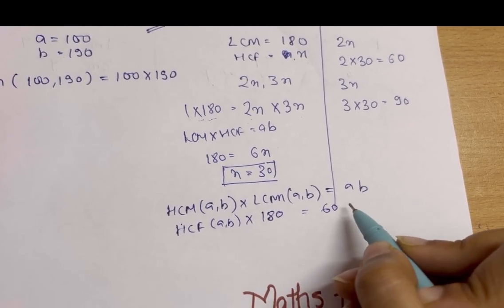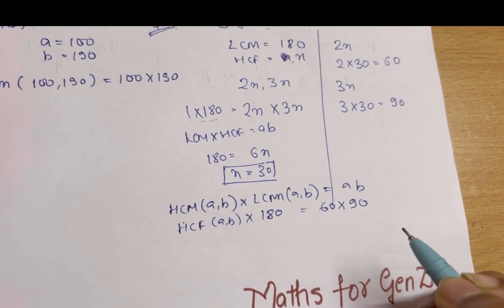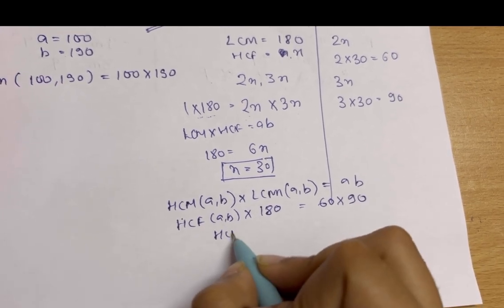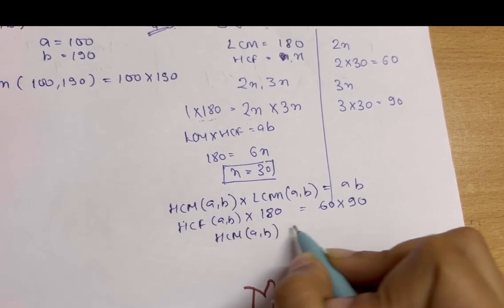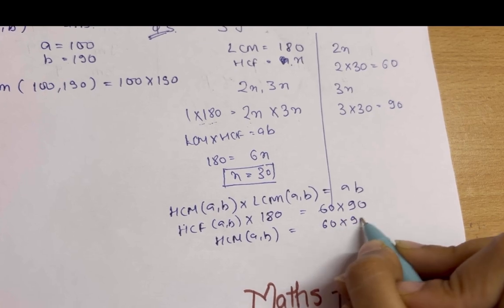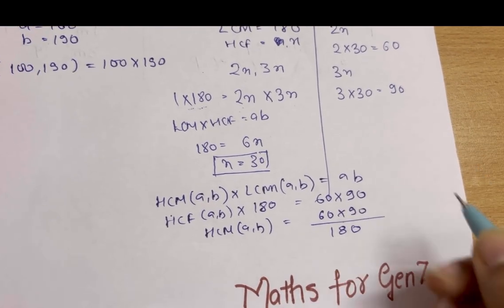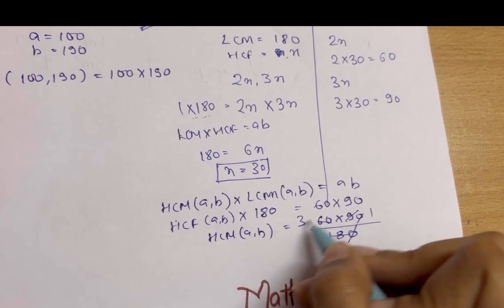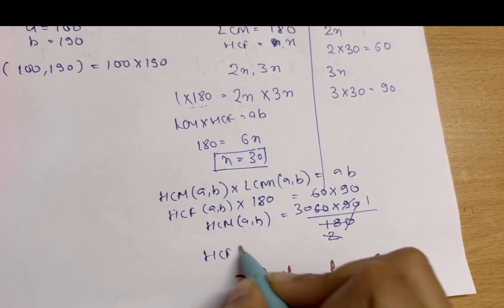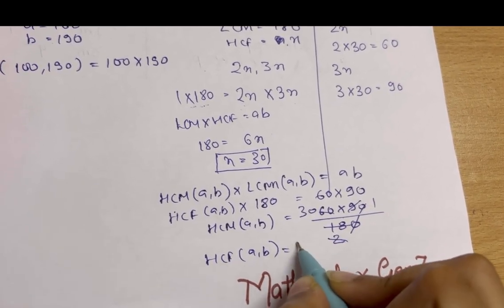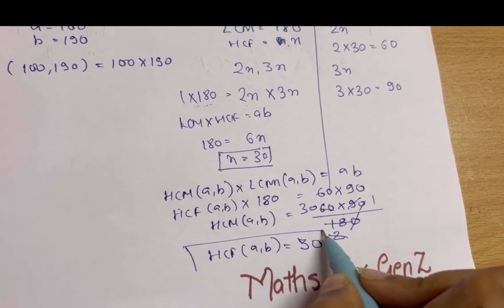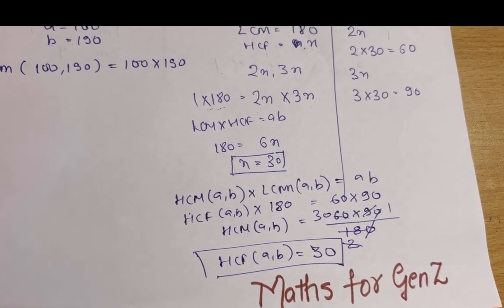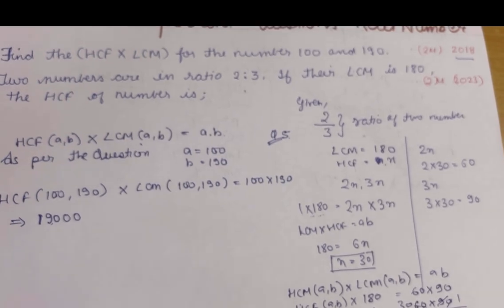We know that one number is 60 and the other is 90. On solving it, we got HCF as 30 for these two numbers.